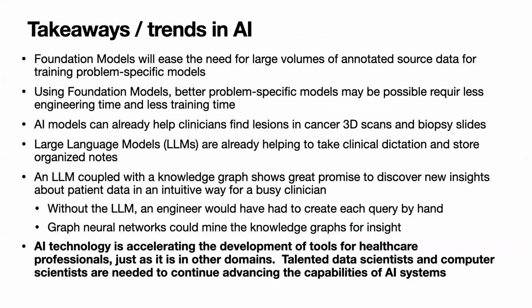Okay, quick answer for takeaways. I've said this a couple times already. I think foundation models will really ease the need for large annotated data in the future, right? I think that they'll be able to help us make better problem-specific models with less engineering time necessary. I think AI models are already ready to help clinicians now in finding cancer.